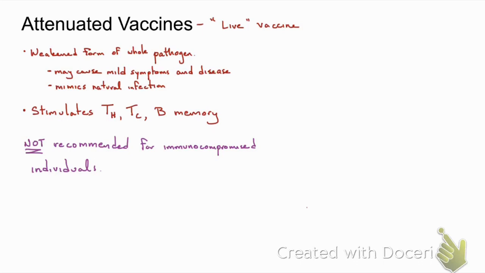However, we're at a point now where the number of infections in some years that occur naturally from polio is lower than the number of infections that occur from the vaccine. And what that points out is that these attenuated vaccines sometimes may revert to more pathogenic forms or more virulent forms that cause disease. And so we have to be cautious when using these attenuated vaccines.